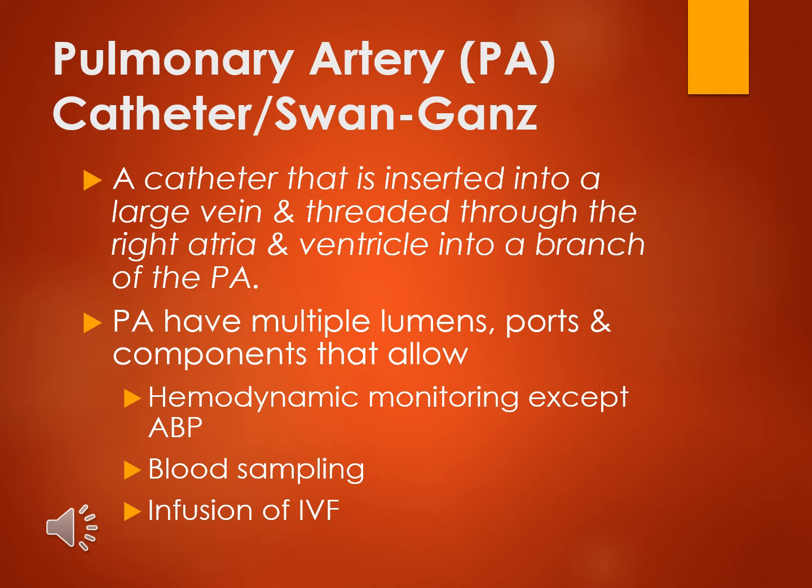Pulmonary artery catheters have multiple lumens, ports, and components that allow hemodynamic monitoring, except arterial blood pressure, I should say, blood sampling, and also infusion of IV fluids. So the large veins that they're going to use here will be brachial, femoral, subclavian, and internal jugular veins.